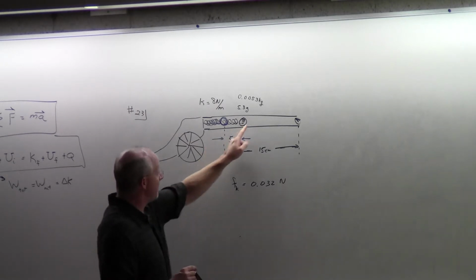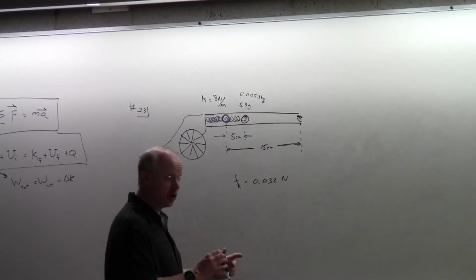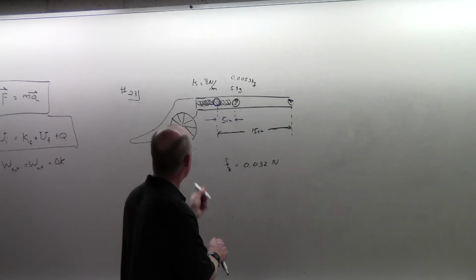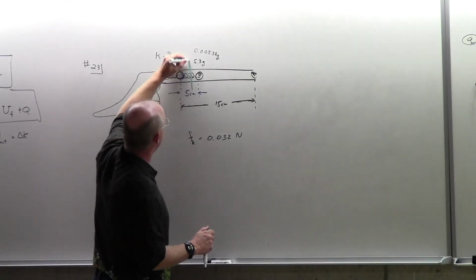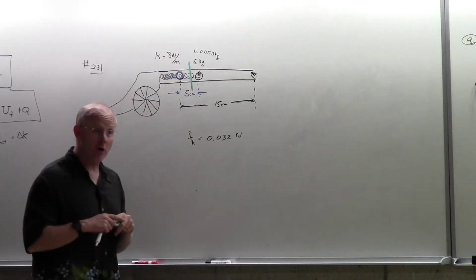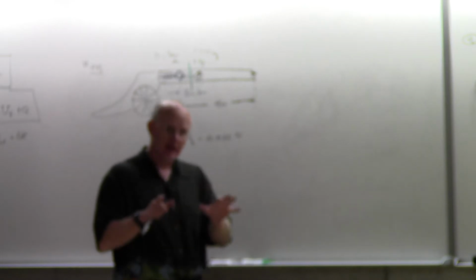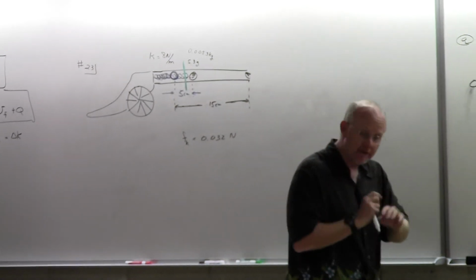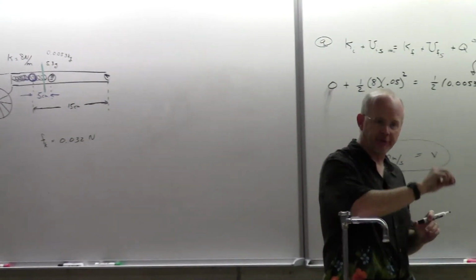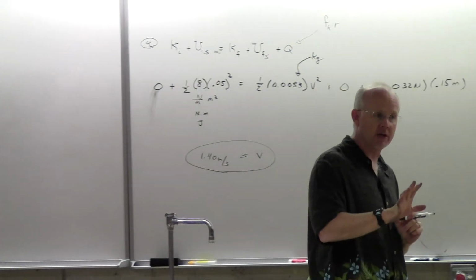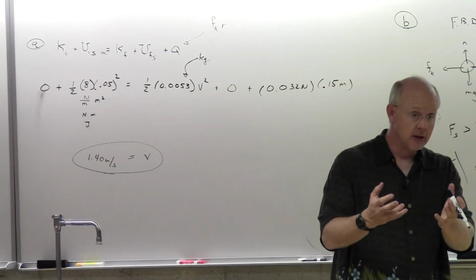And so somewhere, before it gets back to here, I'm not sure where, I'll mark it in green, but somewhere, maybe right about here, the force from the spring has gotten low enough so that it is now equal to the friction. And at that point, the acceleration would be 0.